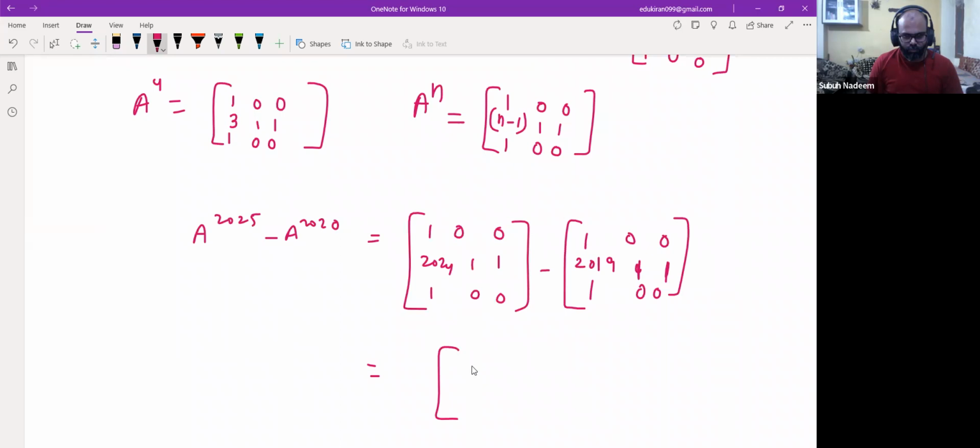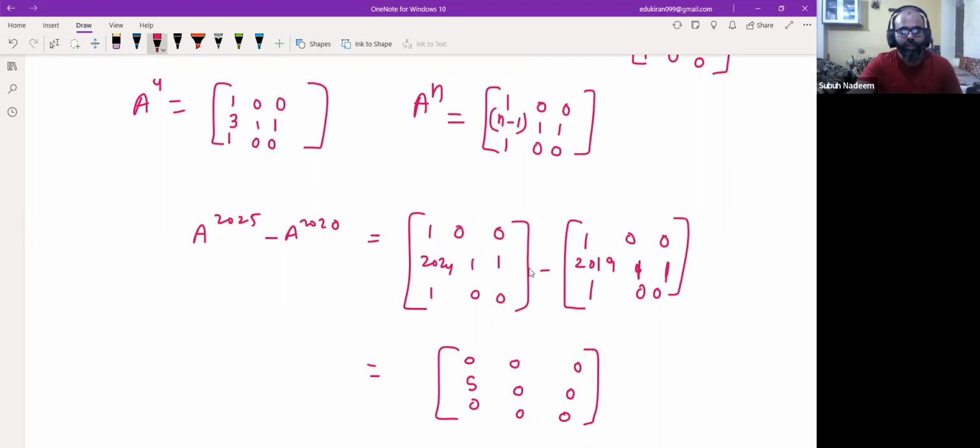Now this would become 0 0 0, 5 0 0, 0 0 0. So this is the value which we are getting. This is subtraction of matrices. First we did multiplication of matrices, we saw the pattern and then we did subtraction of matrices. So the corresponding terms get subtracted.